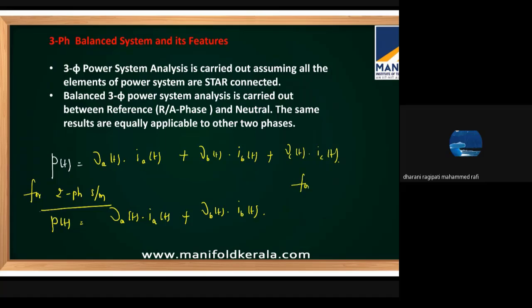Okay, for a single phase system, what is the instantaneous power? Let us assume only A phase is there. It will become VA of t into IA of t. Understand? This is the formula for instantaneous power for single phase, two phase, and three phase. You can even extend it to any n-phase system.